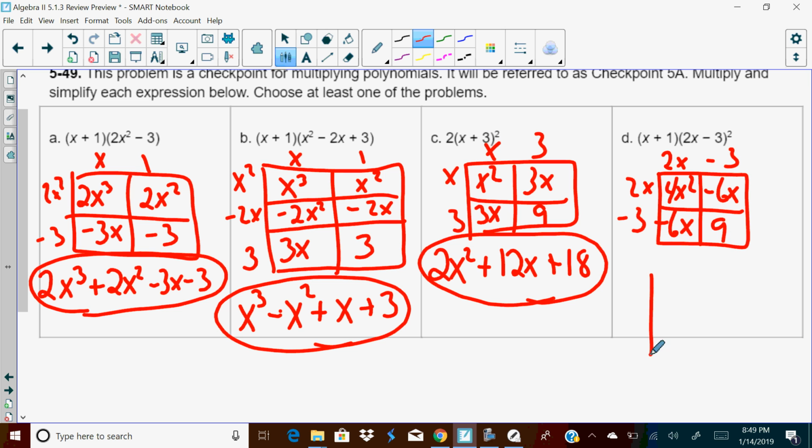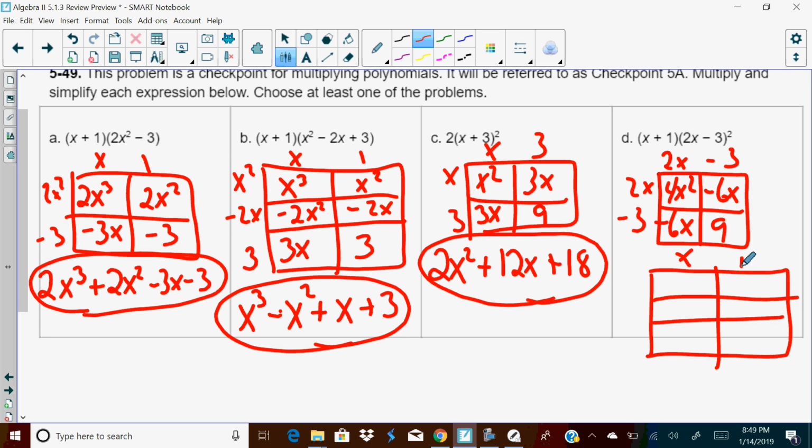So then I have x plus 1, and then I'm going to have 4x squared, negative 12x, and 9. So I get 4x cubed, 4x squared, negative 12x squared, negative 12x, 9x, and 9.